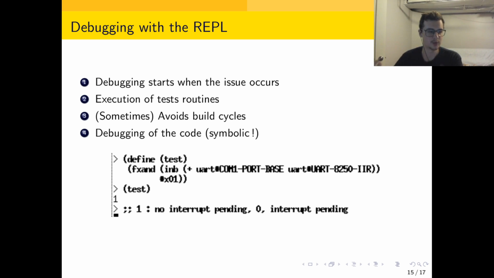But by just being able to interact with the UART driver within the REPL, we were able to find out what the bug was, and we could see the invalid states being set, and we could really quickly fix the bug. So the REPL allows you to sometimes avoid these build cycles that are costly in time and really slow your development. And since you can just execute test routines while the bugs are occurring, you can really explore what's happening.